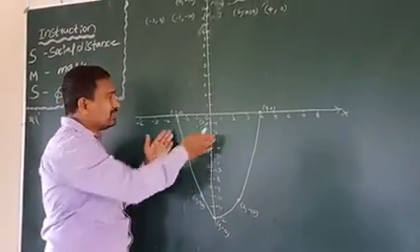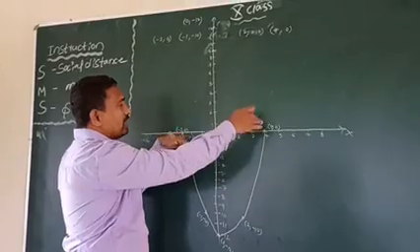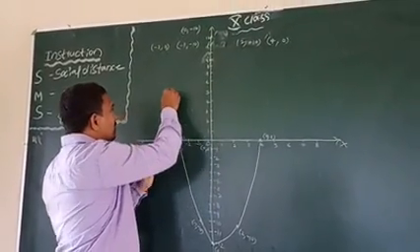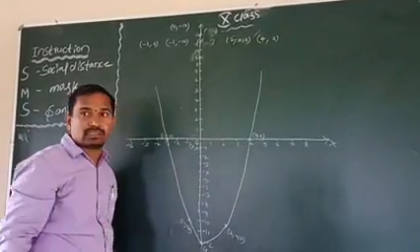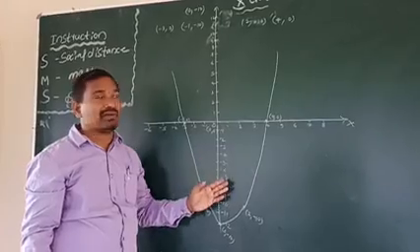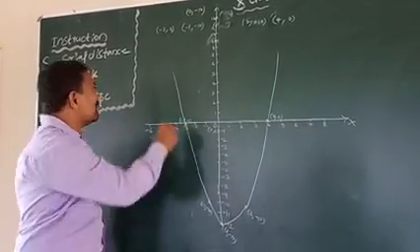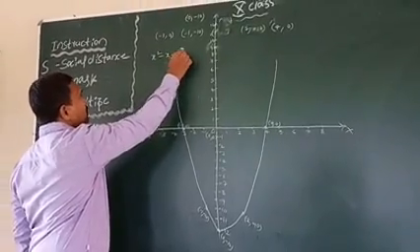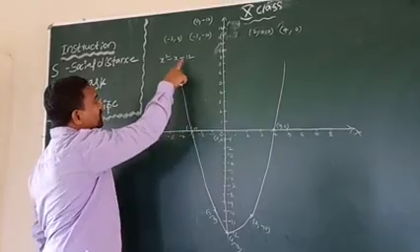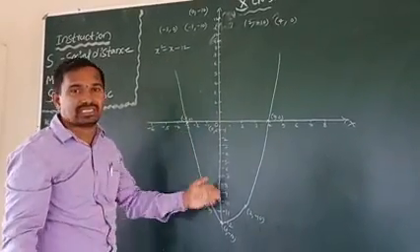If you extend these two curves, if you take some more points, the curves will extend like this. So this is the graph of the polynomial. What is the polynomial? X square minus x minus 12. So the graph of this quadratic polynomial is this.